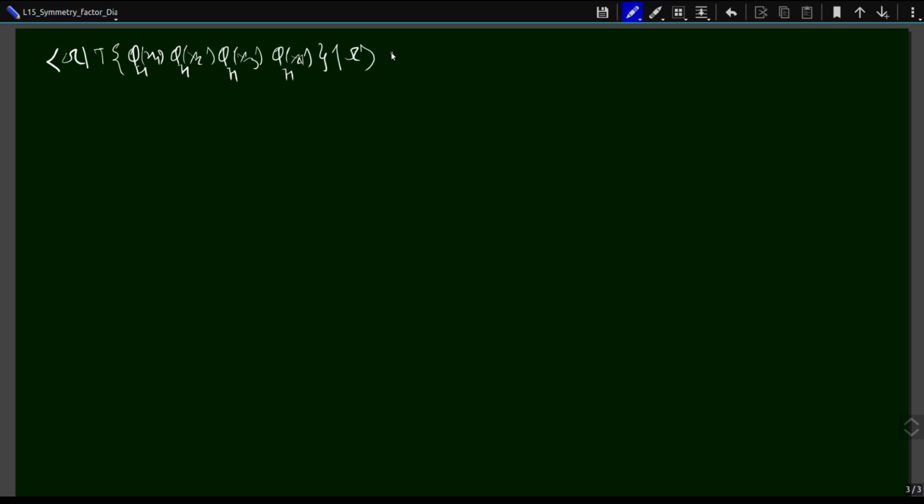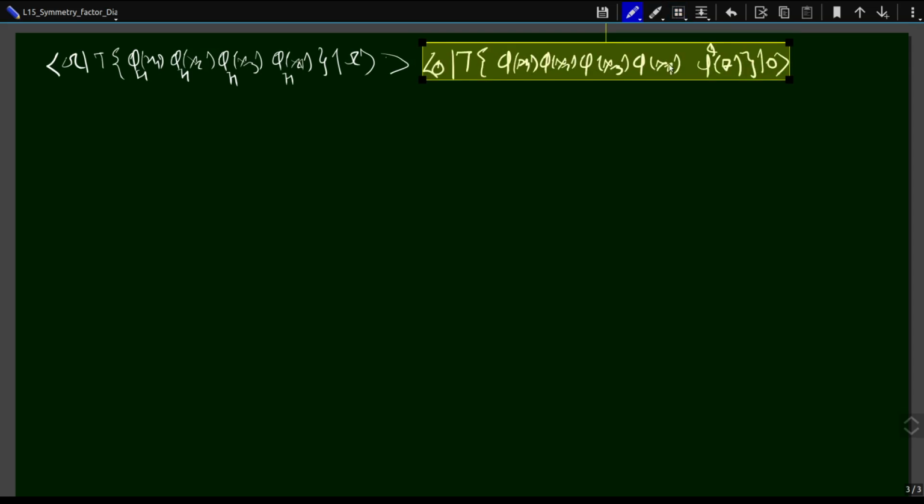One of the terms that you will have is the time-ordered product of φ(x1), φ(x2), φ(x3), φ(x4), where these are all Heisenberg picture and here the ordinary one. At first order it will have φ(z) to the power 4. Since I did not have space to write other stuff, let me write it here.